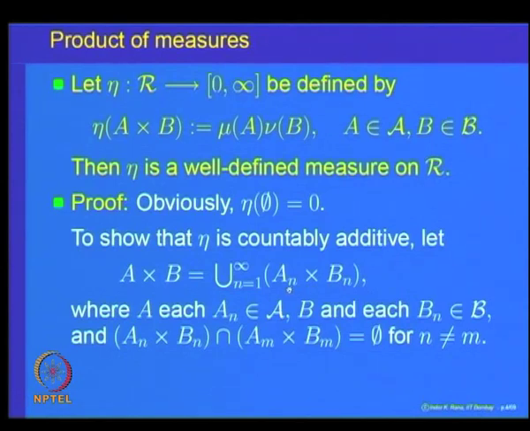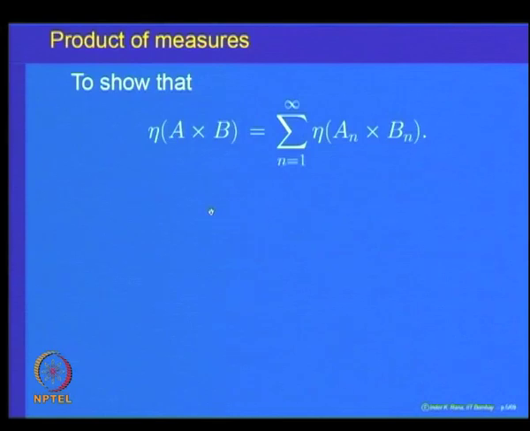That means A_n cross B_n intersection with A_m cross B_m is empty whenever n is not equal to m. So, if a rectangle is written as a countable disjoint union of rectangles, then we want to show that eta of A cross B is equal to the summation n equal to 1 to infinity of eta of A_n cross B_n. So, this is what we have to show.